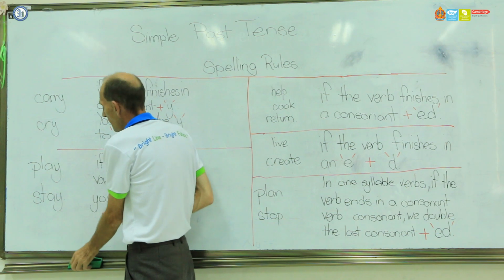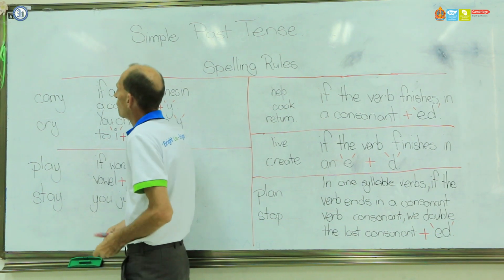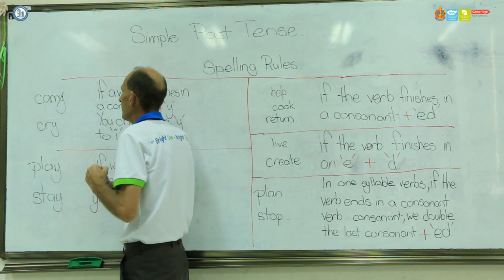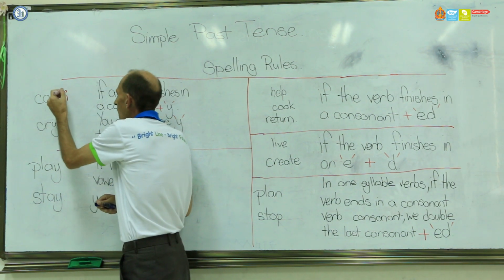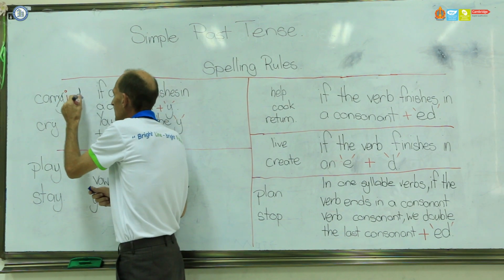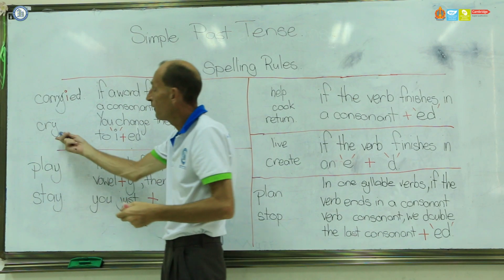So remember, we're going to cross out the Y and we add an I, and then E-D. And the same for cry.